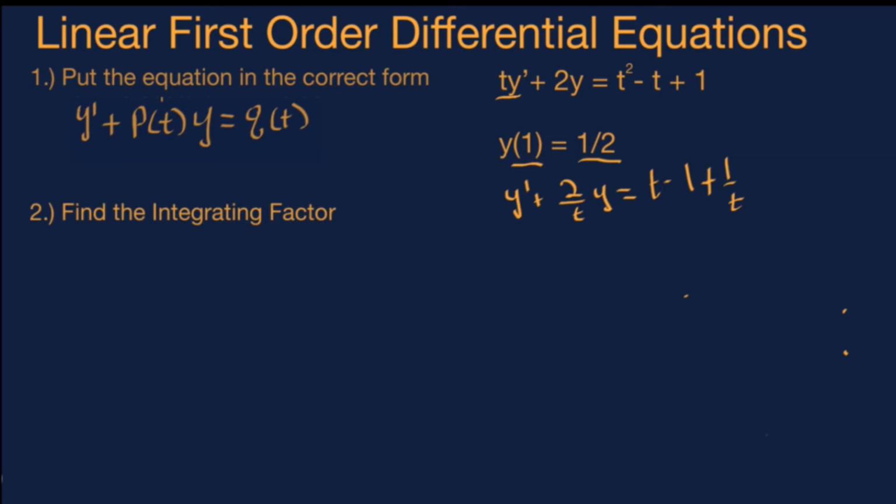And once we have our equation in the correct form, the next step is to find the integrating factor. In the previous video, we actually derived a formula for the integrating factor, which we called I of t. The formula was e raised to the integral of the coefficient of y.